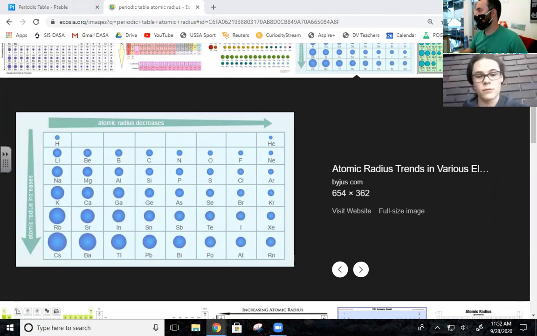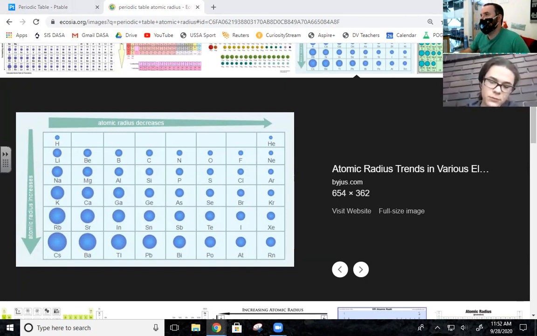Yeah. So other than figuring out the radius, the atomic radius is relevant in a pretty limited number of things.